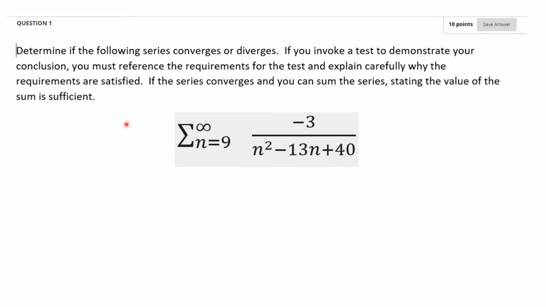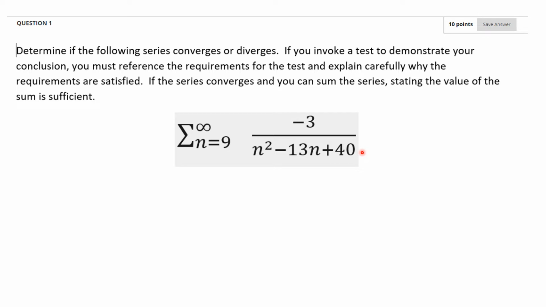Some students wanted to use tests that worked only for positive terms, and that was a recipe not to be successful because some of the terms here are negative, and many of the tests we had were for positive things only.